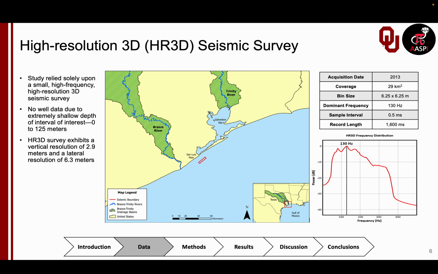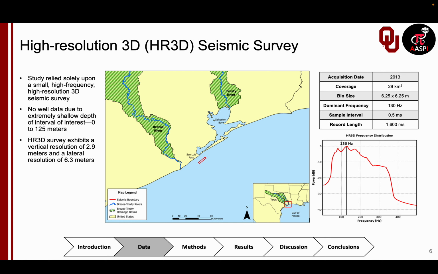However, that does not pose any issues for us because we're interested in the shallowest subsurface, only about the first 200 milliseconds. So because we're working so shallow, there is no well data through the interval of interest, because that time of 200 milliseconds basically is a depth of roughly 125 meters.